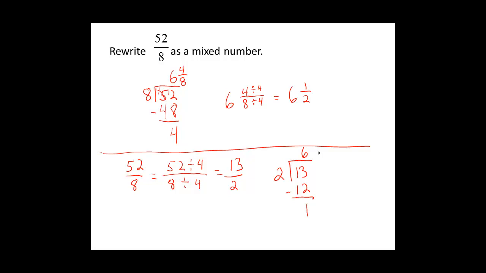The remainder is then the numerator, and what we divided by is the denominator. Notice 13 over 2 is equal to 6 and 1/2. And we get the same answer doing it the other way.